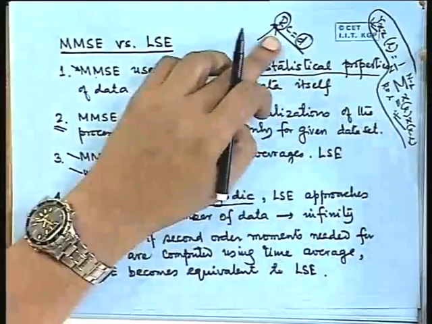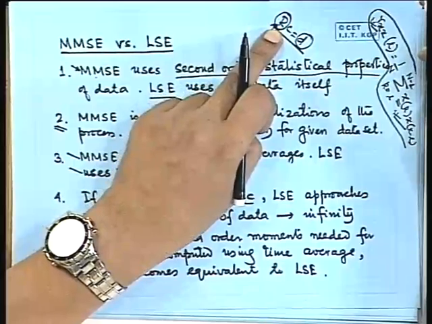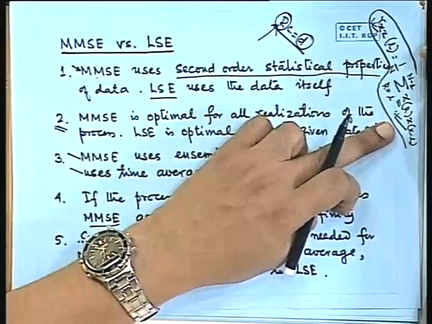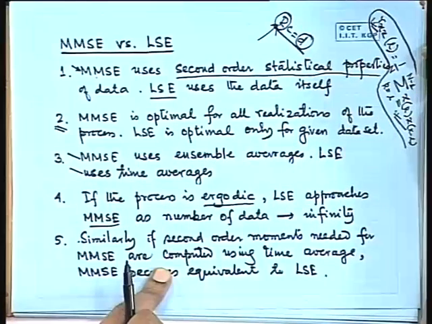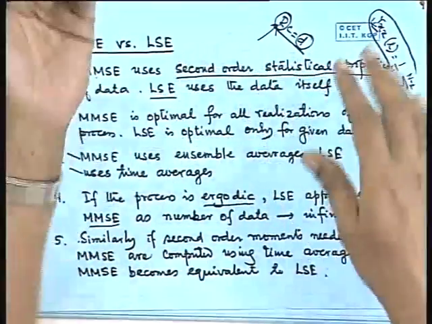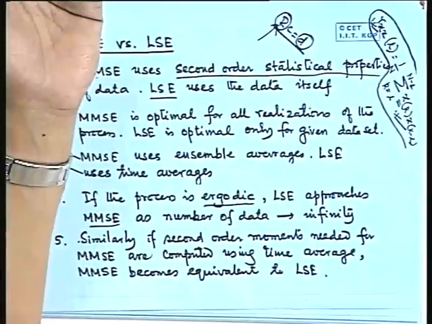Then though you say you are using second order properties, actually you are computing using time average. Therefore your solution will tend to the LSE. So they are actually very related. That's why I thought that rather than coming back to them at a later time, this is the time to discuss them, because you get absolutely similar equations, everything similar.